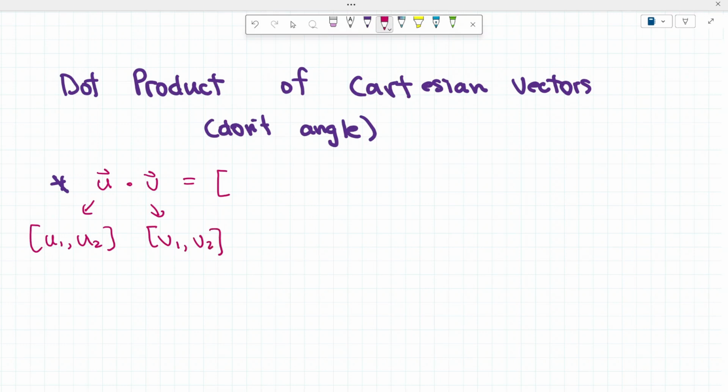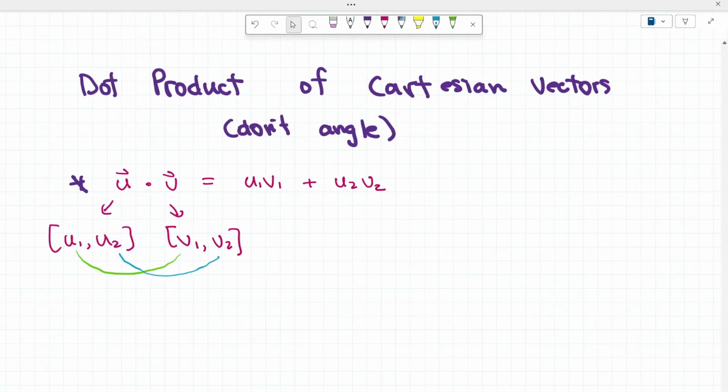Then we write this as u1 times v1 plus u2 times v2, and that's it. You literally just multiply the x components together, and then you multiply the y components together, and then you add them up, and that's all you have to do.